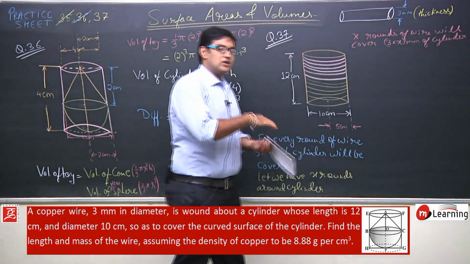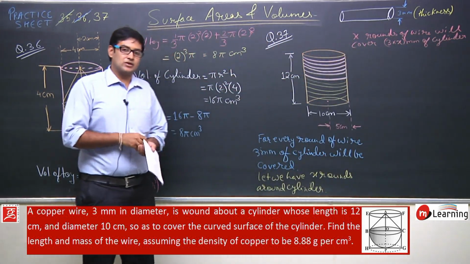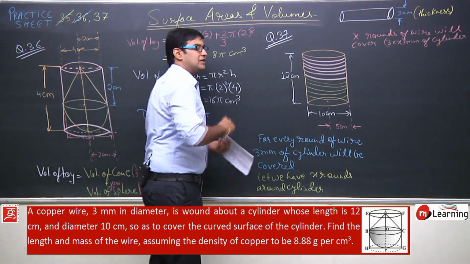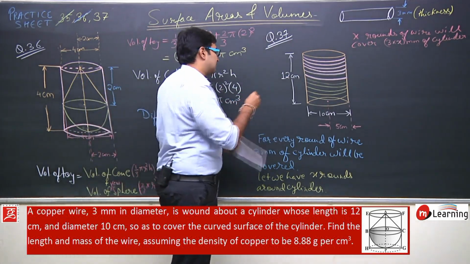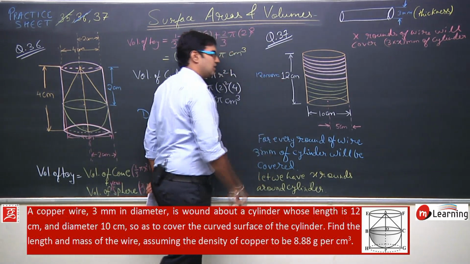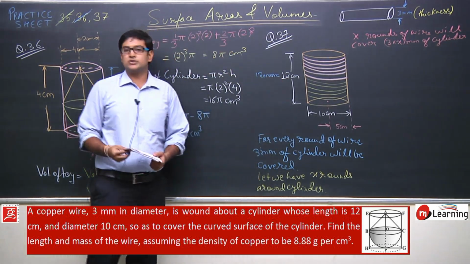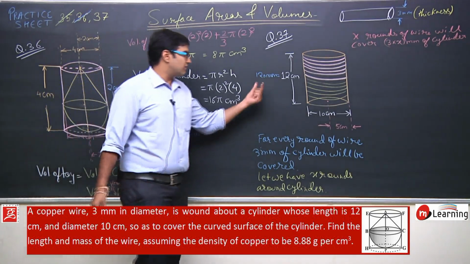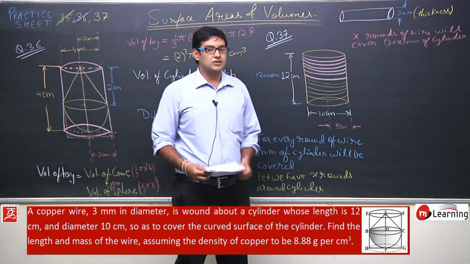Now how long a cylinder do I want to cover? I want to cover 12 centimeter long cylinder, or I can say this 12 centimeter as 120 millimeters, because 1 centimeter is equal to 10 millimeter, so I need to cover 120 millimeters of length.